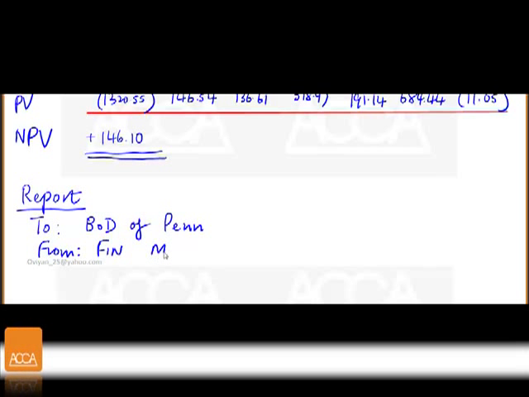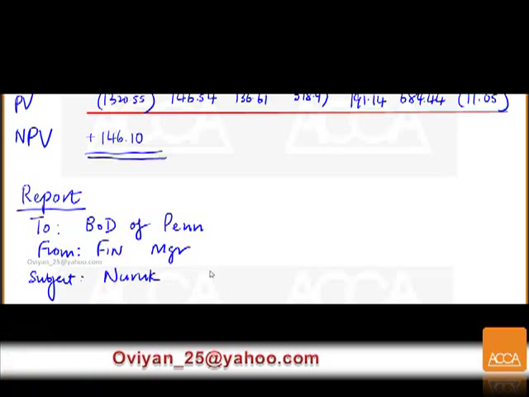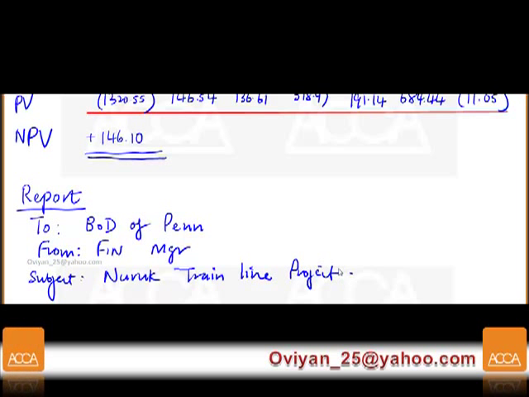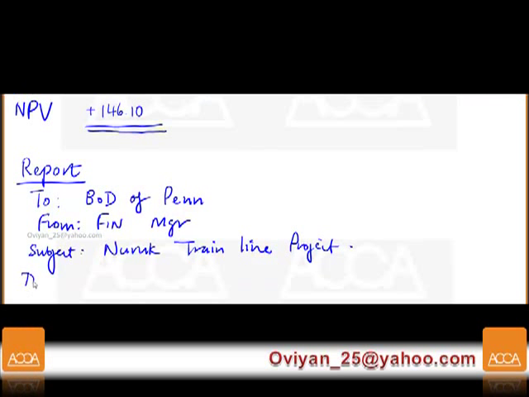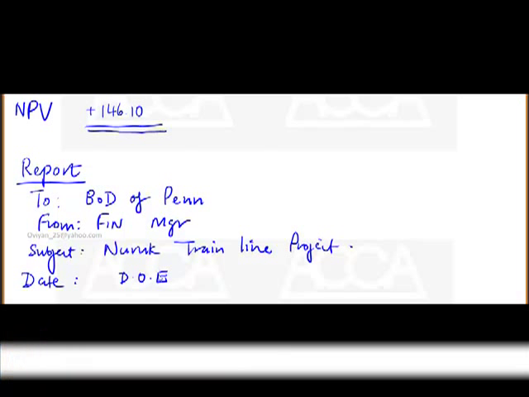Call yourself a finance manager in your exam, and the subject here will be the Nuruk train line project. And the date will definitely be the date of your examination, 3rd of December 13.